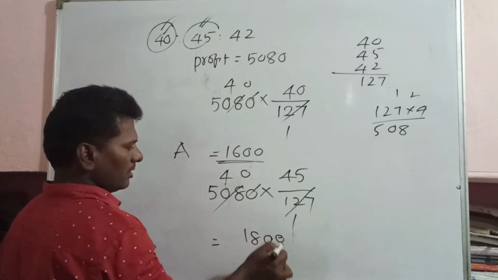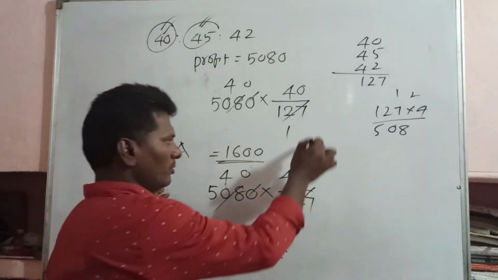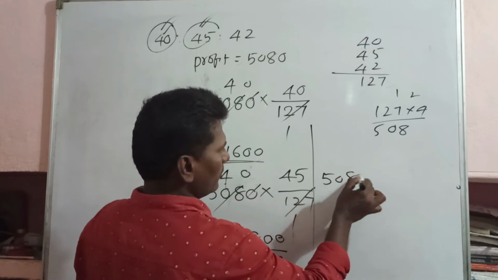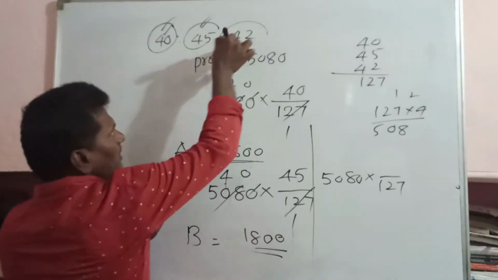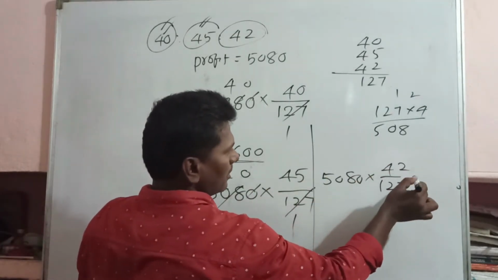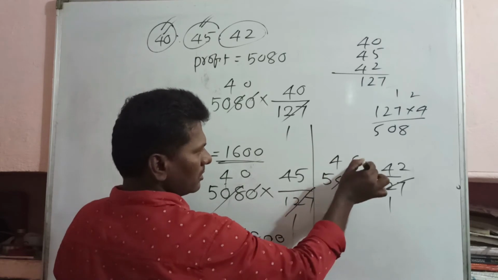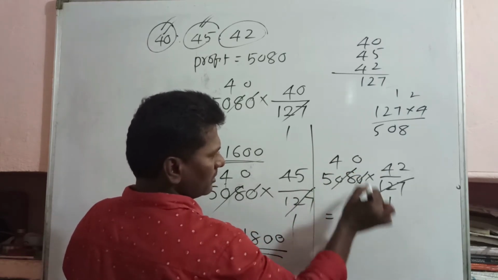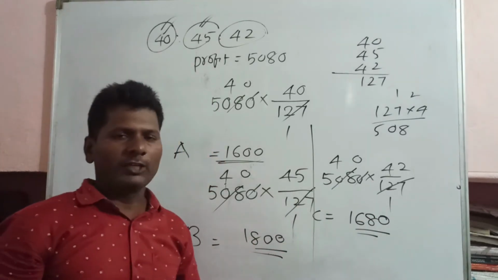B got 1800. Now C's profit. Again 5,080 rupees, total parts are 127, and C gets 42 parts. 4 2s are 8, 4 4s are 16. So C gets 1680 rupees.